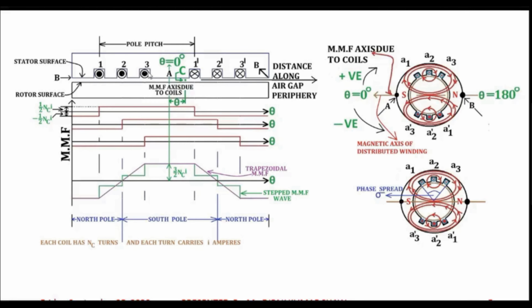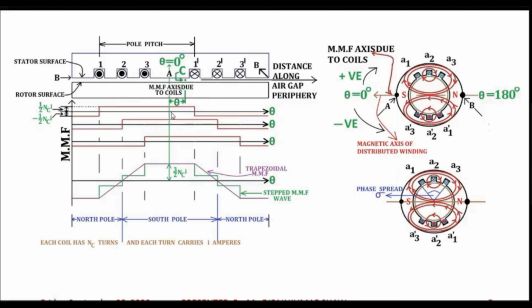Likewise, the MMF distribution for coil 3 dash will also be rectangular in nature, but again it will be shifted by one slot pitch with respect to coil 2 dash, or shifted by two slot pitches with respect to coil 1 dash.